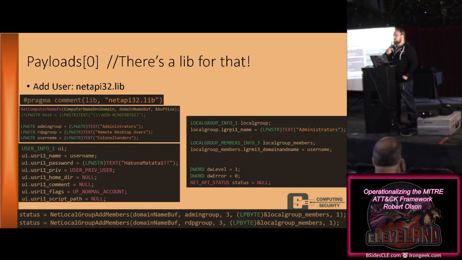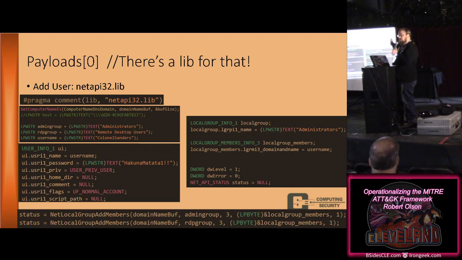Okay, so payloads. What can I do if I can't actually create a process? Turns out there's quite a lot of stuff, and Microsoft has some fantastic tutorials to do nefarious things. Pretty much all of these are straight following of Microsoft tutorials. So, adding a user, there's a library for that. API calls. So you invoke netapi32.lib.